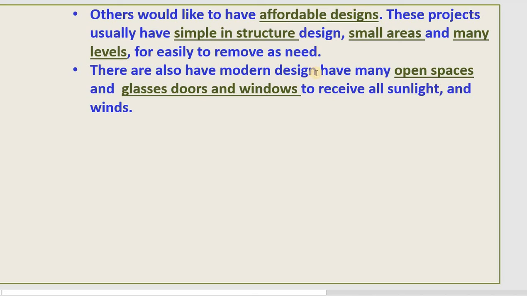So that's why the construction cost is low, and we call that affordable design. Affordable design can be used by a lot of people, because if you compare buying one house with very high cost and one affordable house, with the affordable house, the first thing is you can save money, the second is you don't need to worry a lot about the payment.